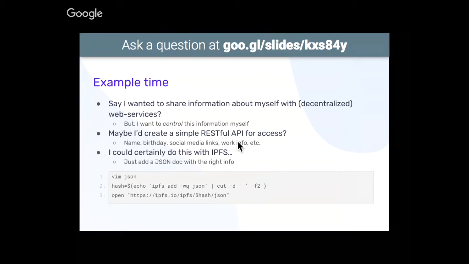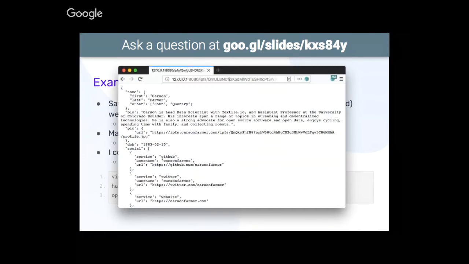If I do that, I get something like this: an actual JSON file that's being displayed on the web. In this case, I'm just accessing it using my local IPFS daemon, hence the localhost IP address here. That's pretty great. And in fact, we could say job well done. I have created a very basic JSON API which people could access.